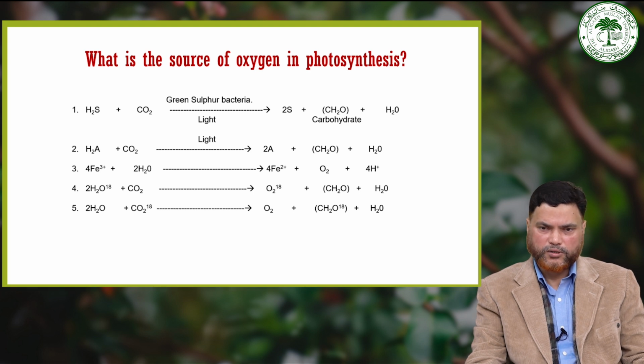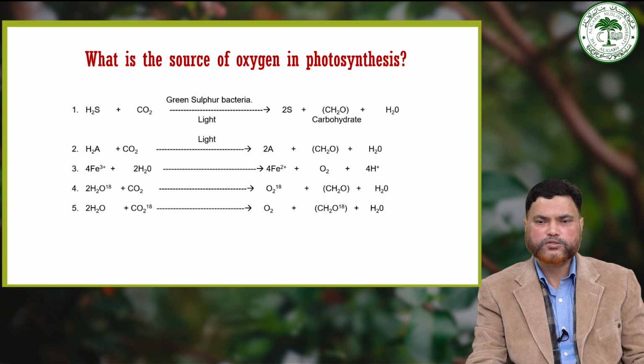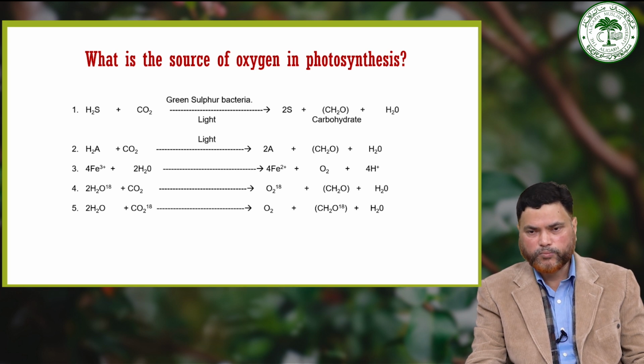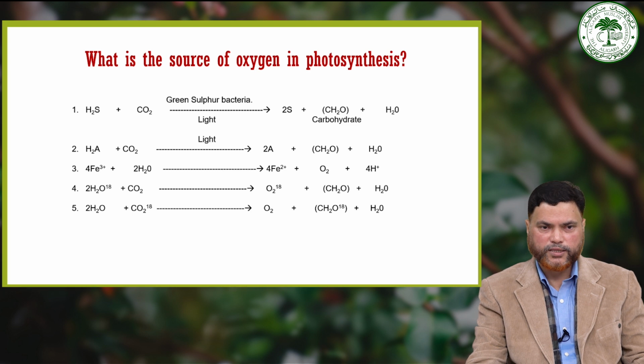Further, Ruben used a heavy isotope of oxygen, oxygen 18, and showed that if photosynthesis took place in the presence of labeled water and normal carbon dioxide, the oxygen evolved was isotopically labeled. You see this in reaction 4.